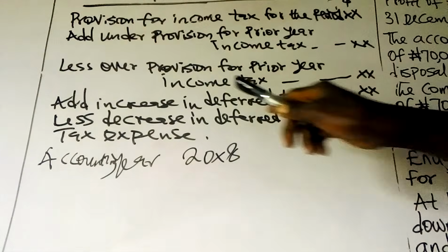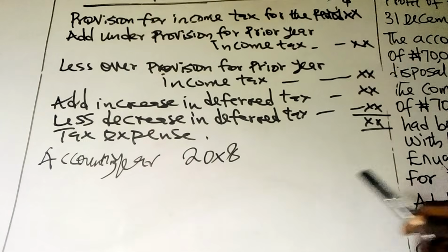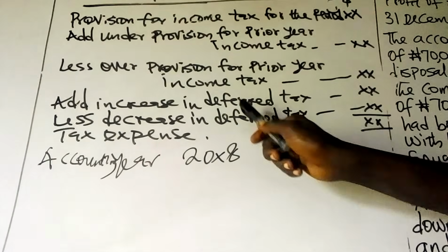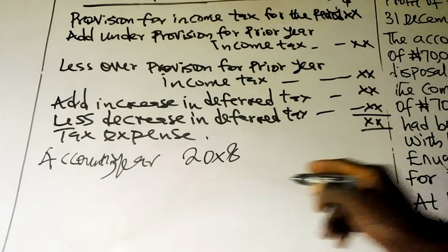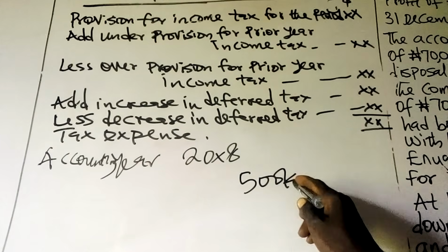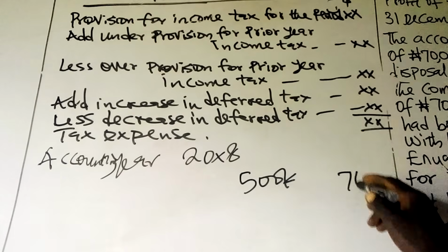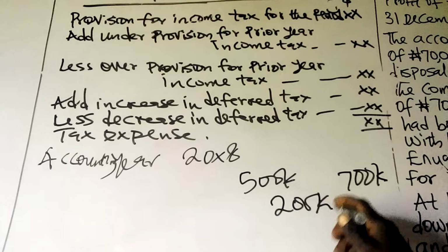Then for the deferred tax, the liability will always be at the credit side of the trial balance. Where you are given another deferred tax figure in the additional information, say the one in the trial balance is 500,000 and in the additional information you now have 700,000, that means deferred tax has increased by 200,000.